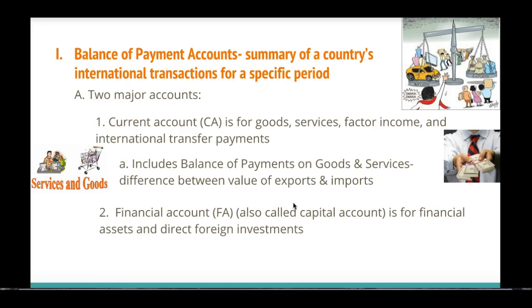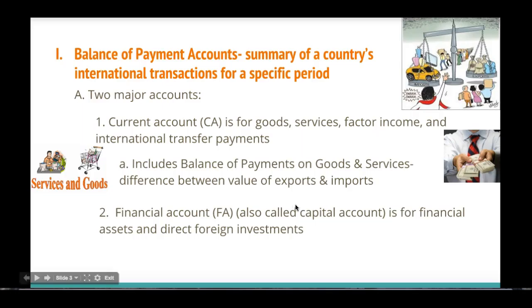Another type of account is the financial account. The financial account used to be called the capital account, and the only reason I put that in there is because it's mentioned in your book, and the AP course description also mentions that it's also called the capital account. I don't know if they'll reference it that way or not, but that's what it's called. The financial account is for financial assets and direct foreign investments.